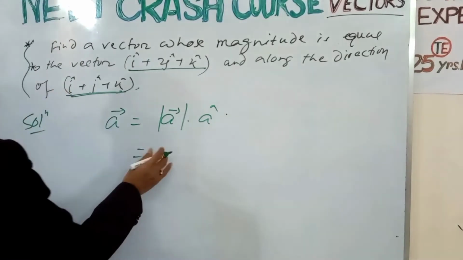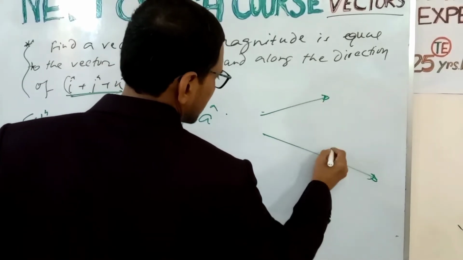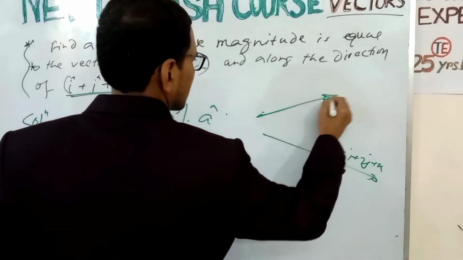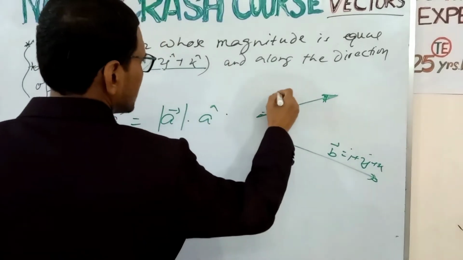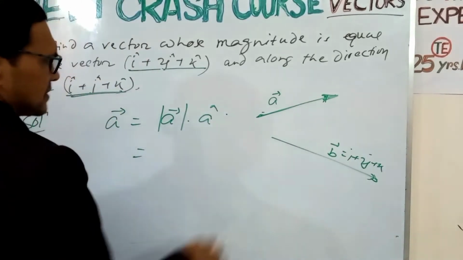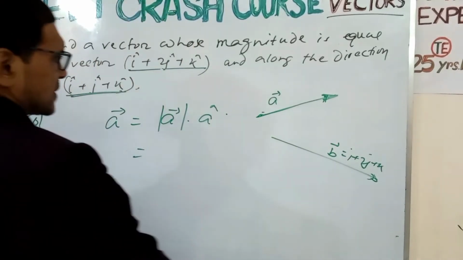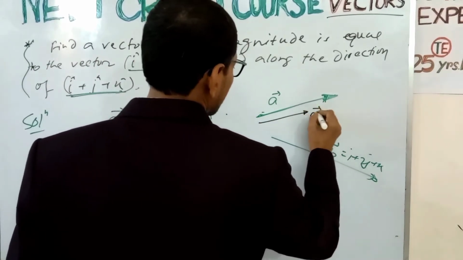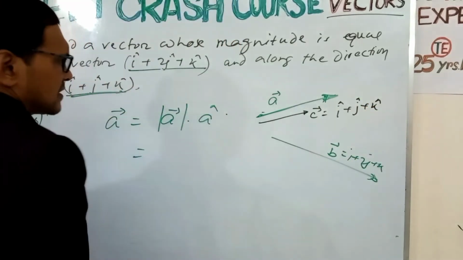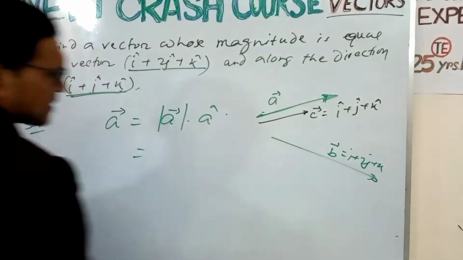Suppose A and B are two vectors, and suppose B equals this. The magnitude of vector A is equal to the magnitude of vector B, but this vector is not in the direction of B. Its direction is along another vector C, which is this vector. So A is along the direction of C, but the magnitude of A is equal to the magnitude of B. So what is the vector A?